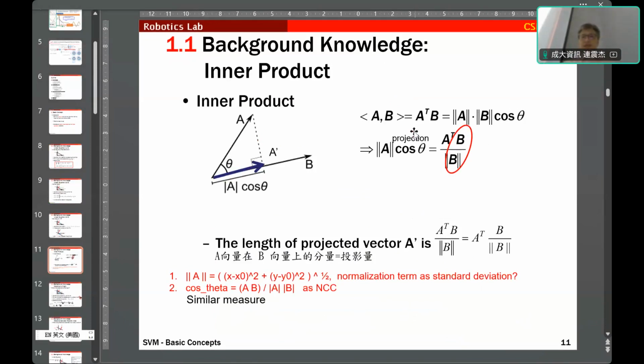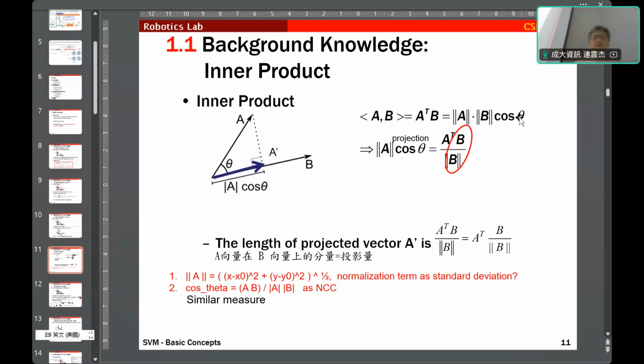I move them to the other side, and this becomes two unit vectors. So cosine theta is the angle between unit vector A and unit vector B. If they overlap, cosine 0 equals 1, so that's exactly the same. So the similarity measure can use cosine theta.